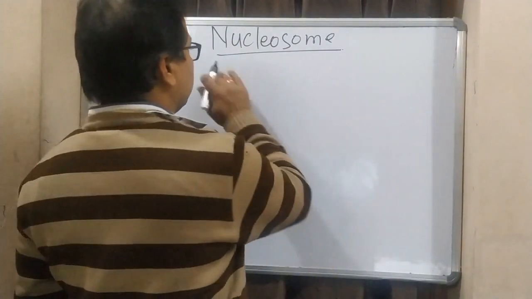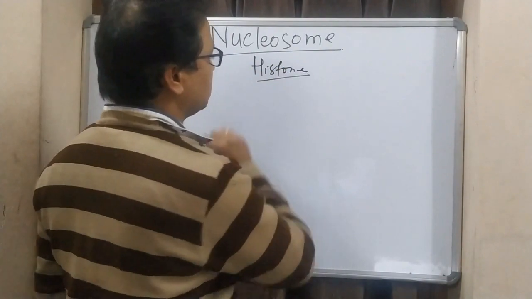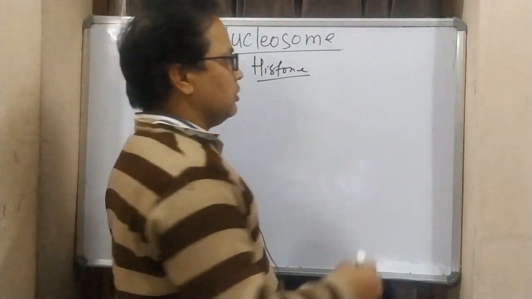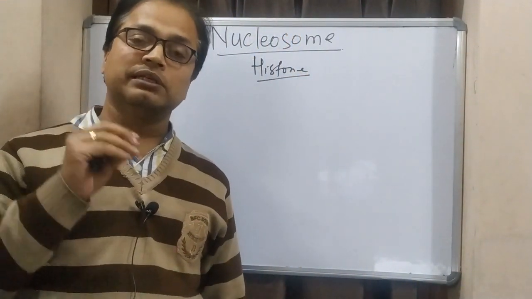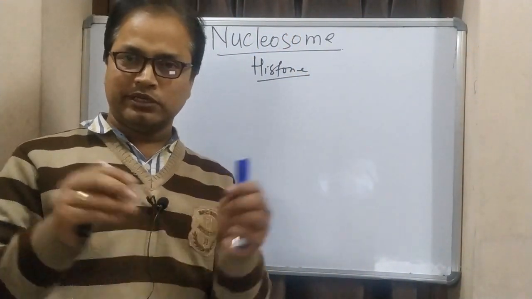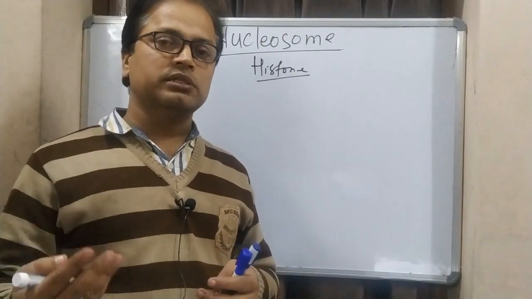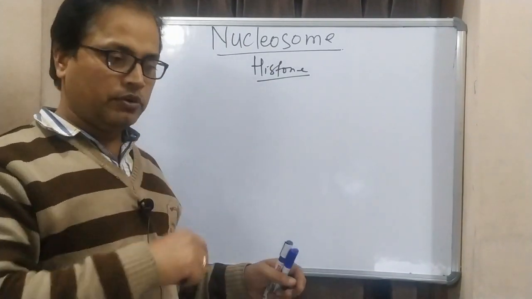Now these histone proteins, because we are going to talk about the nucleosome model, and nucleosome cannot exist without histones. Histones are normally present only in eukaryotic cells, because prokaryotic DNA is very small, so they don't need to arrange their DNA in so many forms to fit in the nucleus.